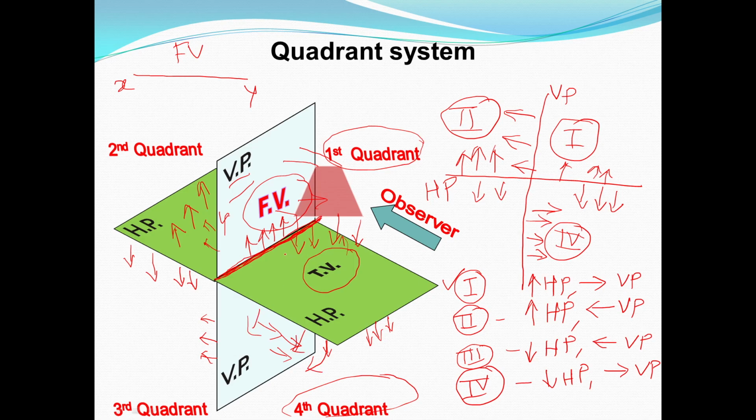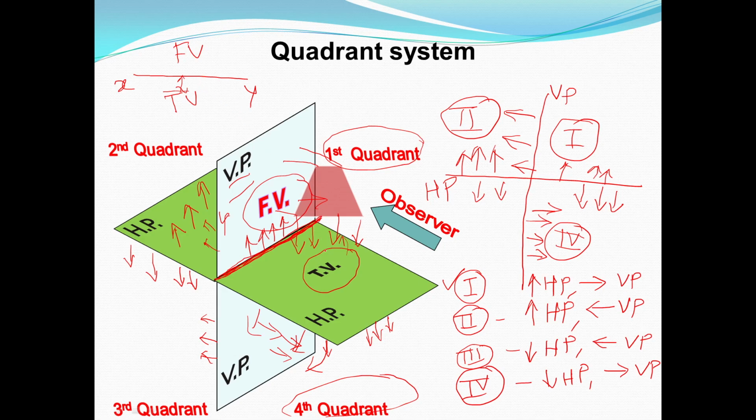So you get the position of this top view with respect to the xy line, below the xy line, and the distance between the top view and the line is equal to how far the object is in front of the vertical plane. Whatever distance the object is in front of the vertical plane, at that distance the top view is below the xy line.